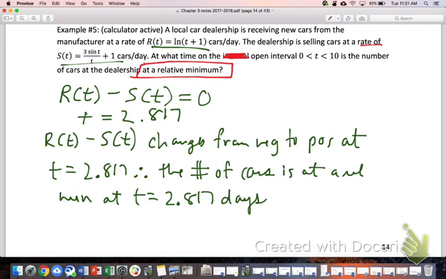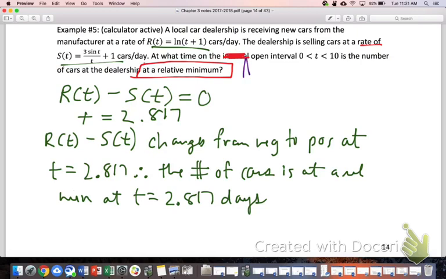Okay, so let's just take a second here. Let's review kind of, oh, I'm sorry, Josiah, go ahead. I was just going to say, would we have to name that function above, like the R of t minus S of t? You totally can. I don't think you have to. So if you wanted to, you could say something like this. We've done this before, right?